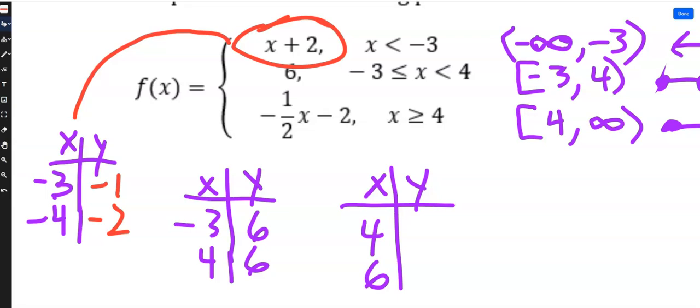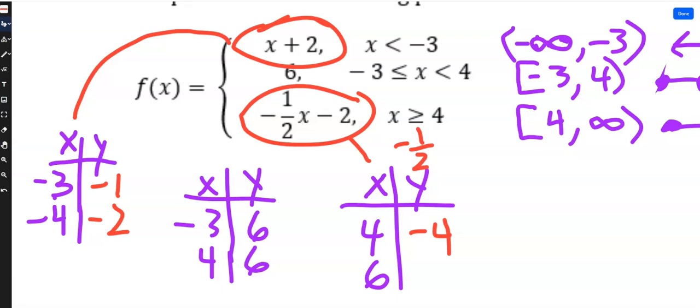We've already got the middle one done, and so now it's time to go to this one, and we plug in 4. Negative 1/2 times 4 is negative 2, and negative 2 minus 2 would be negative 4. All I'm doing is plugging it in. You can use a calculator if it's not something off the top of your head. Just plug it in, take that calculator, negative 1/2, plug in a 4, subtract 2. That's how we got this value. If I plug in a 6, I'm going to get negative 5.